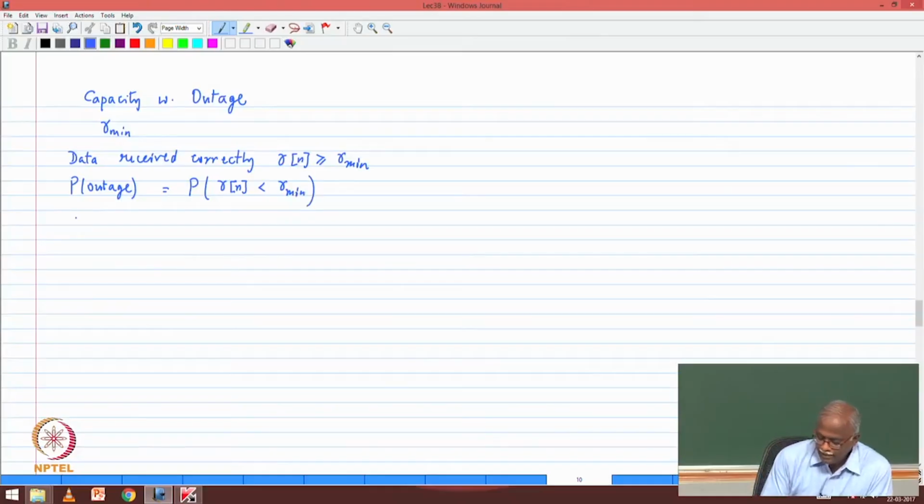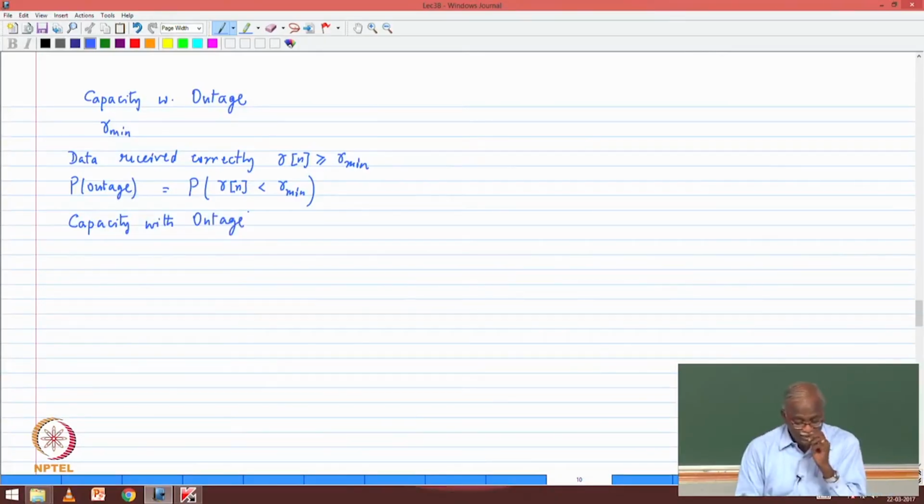Okay. And the capacity with outage is given by, because the assumptions are that it's a slowly varying channel and it's what we call a block fading channel. So under that we are designing the capacity with outage.